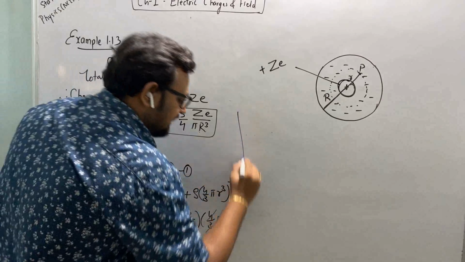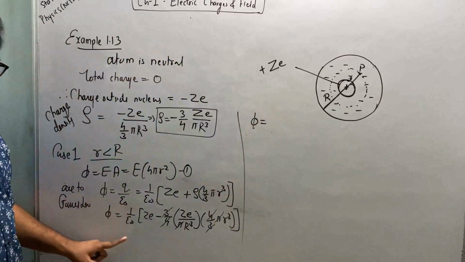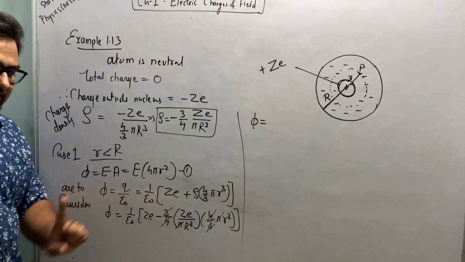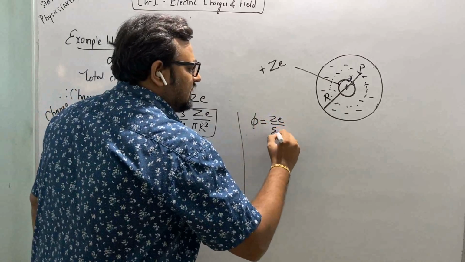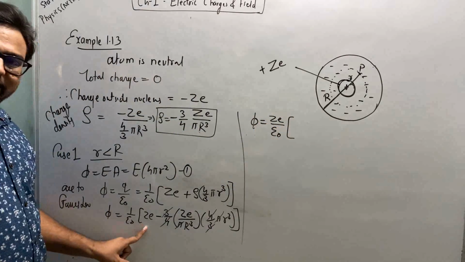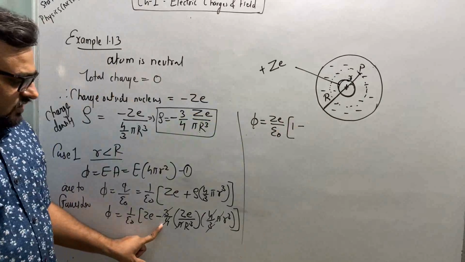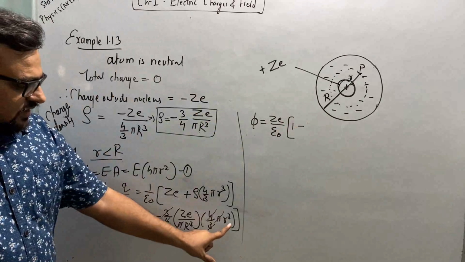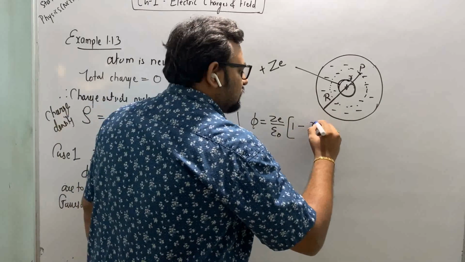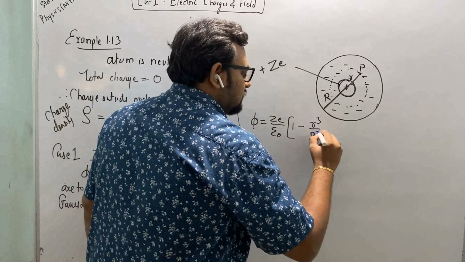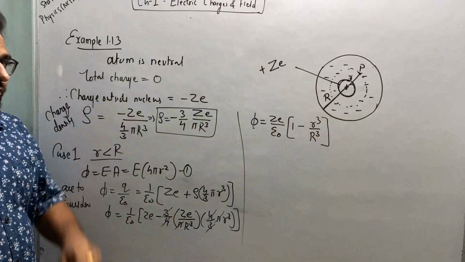So 3 and 3 get cancelled, 4 and 4 get cancelled, pi gets cancelled. So I can take it that the flux is equal to 1 by epsilon 0 Ze, and Ze is common. So Ze by epsilon 0 times 1 minus, what is remaining here, small r cube upon capital R cube.